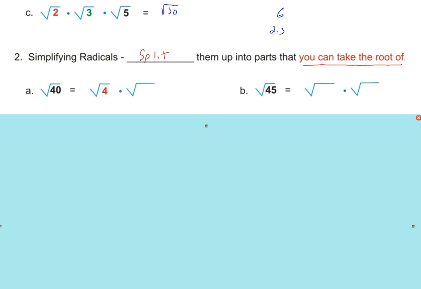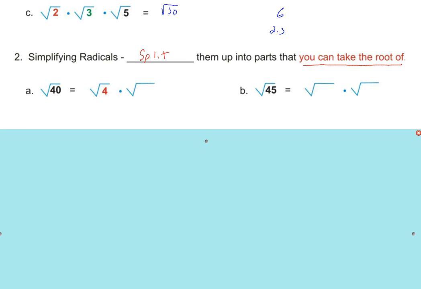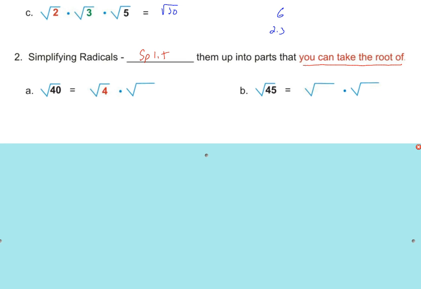So, if I want this square root of 40 to be simplified, I can change it into the square root of 4 times the square root of something. What would be the other radicand? The square root of 10, right? Because isn't a 4 times a 10 a 40? And why did we pick the 4? Because the square root of 4 is 2.